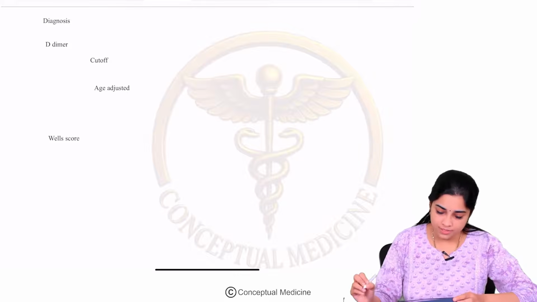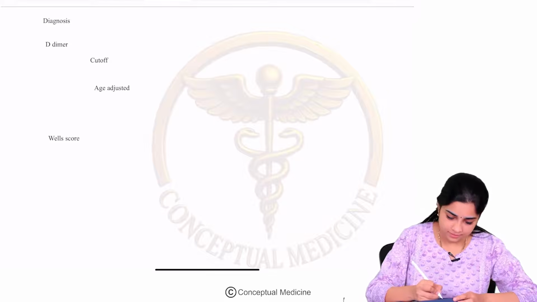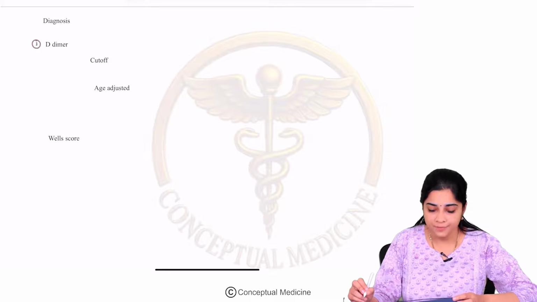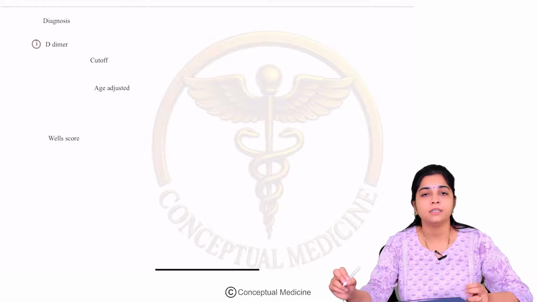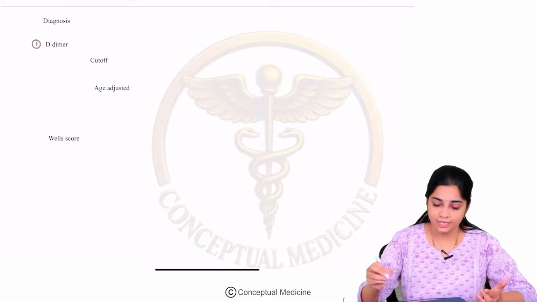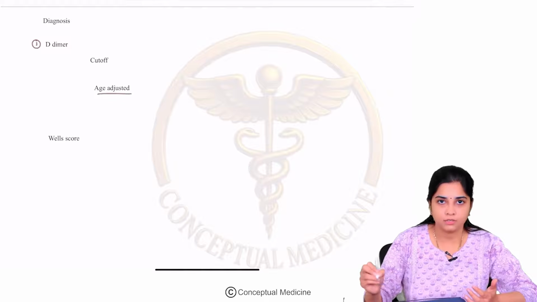So first we will look at the blood test. The first which we use is your D-dimer. D-dimer is basically a breakdown product in your coagulation pathway, and D-dimers usually have an age adjusted cutoff.